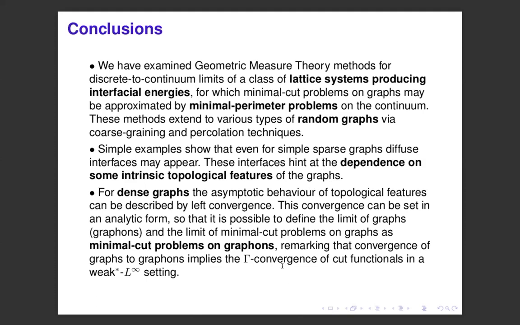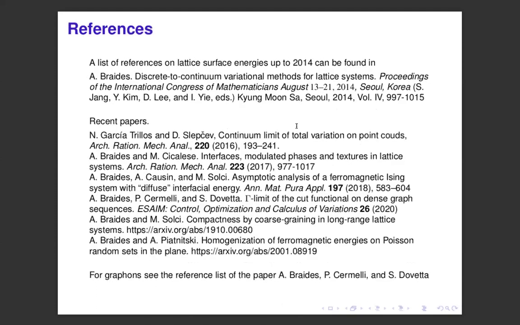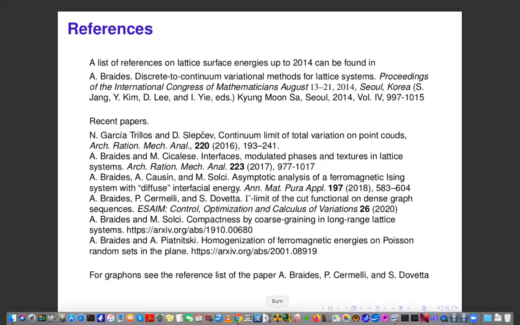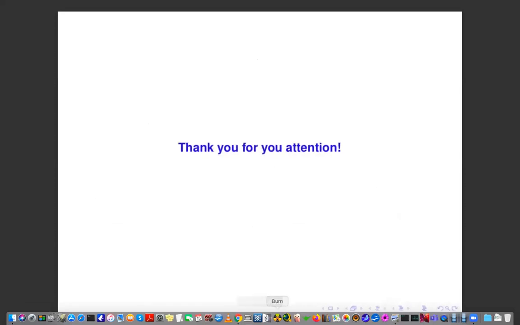This can be filled in the case of graphons, but in the case of graphons, the computation of graphons really is what is mysterious to me, at least. So here I will leave these slides. There is a short reference list, and I thank you for your attention.